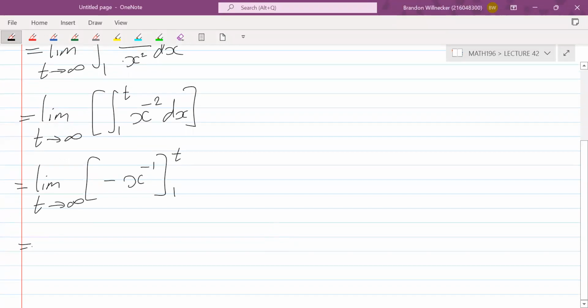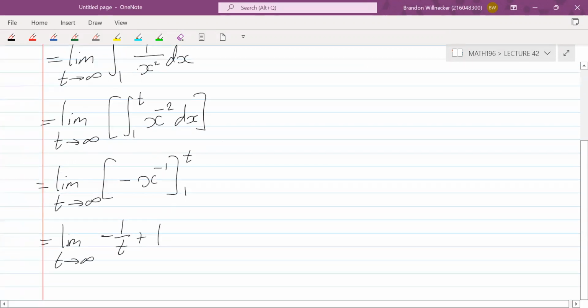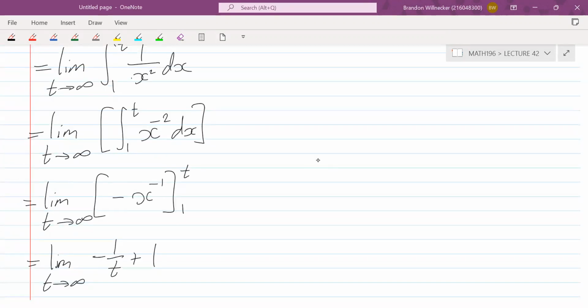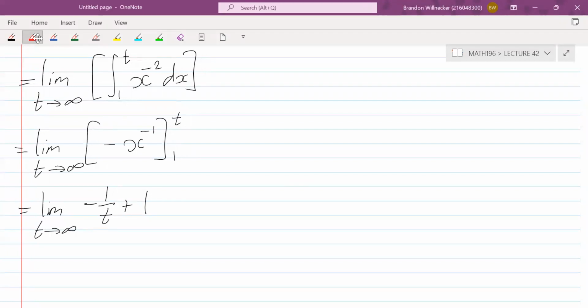Okay, so this is going to be the limit as t goes to infinity. If I substitute t, I'm going to get minus 1 over t. Then I'm going to have plus 1 over 1, which is just 1. Now, the limit as t goes to infinity, remember way back when we did the Riemann sums and the Riemann integrals, if we have something in the denominator and t is going to infinity in this case, this is going to go to 0.